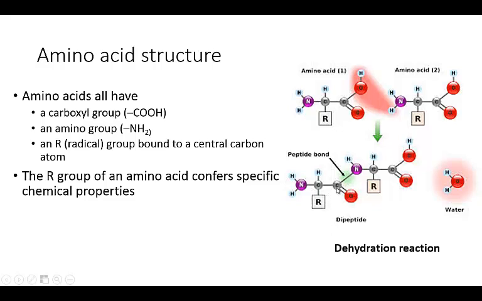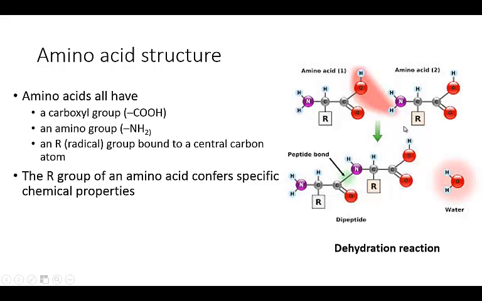So what's going to happen as translation proceeds is you'll have a series of reactions. We're going to call them dehydration reactions. What's going to happen is this hydroxyl group, the OH group here, is going to combine with the hydrogen from this nitrogen, and hopefully make a very familiar molecule, H2O.